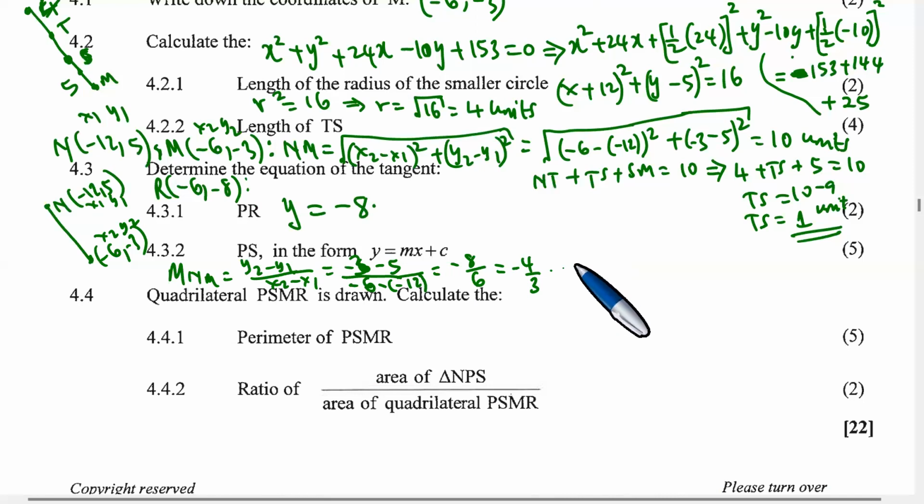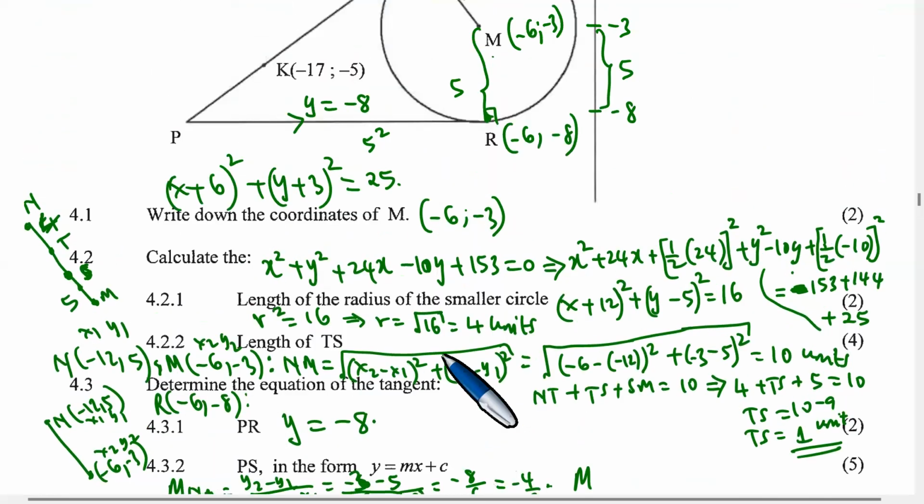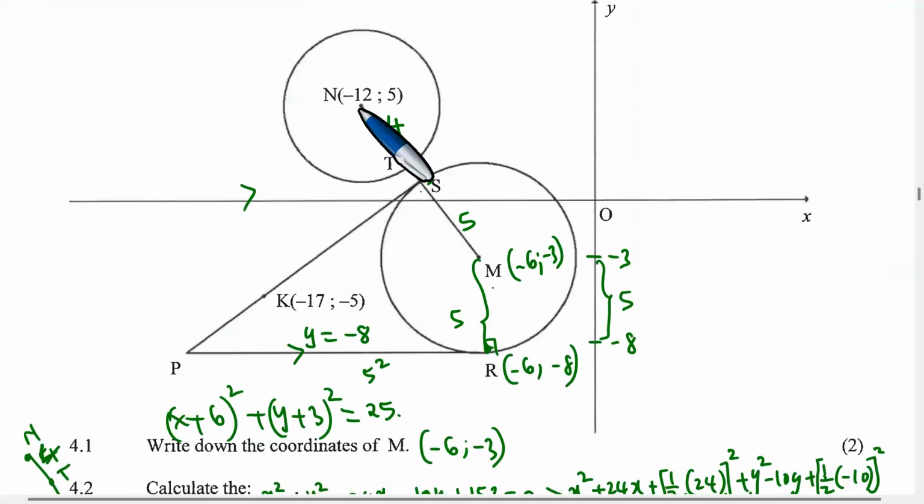Now you're going to deal with the gradient of the tangent. This one here is like a radius, and a radius is always perpendicular to a tangent.